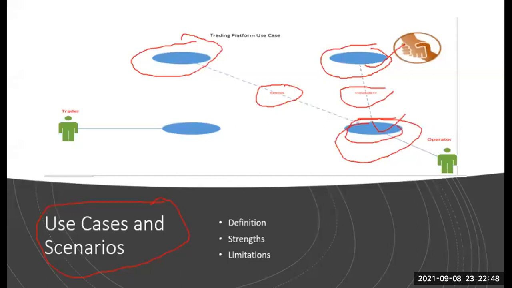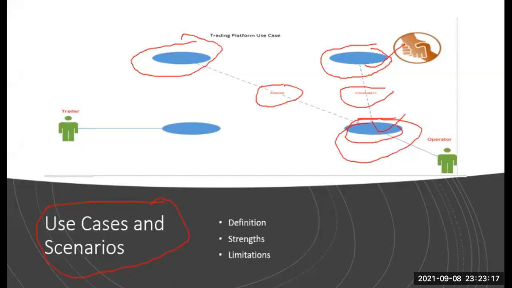So when somebody asks you in an interview about the difference: extends is when I have a use case and I want to insert additional behavior into it, I use extends. The use case that is being extended must be completely functional on its own, and must not be dependent on the extending use case. Correct. So that's when I use extends.